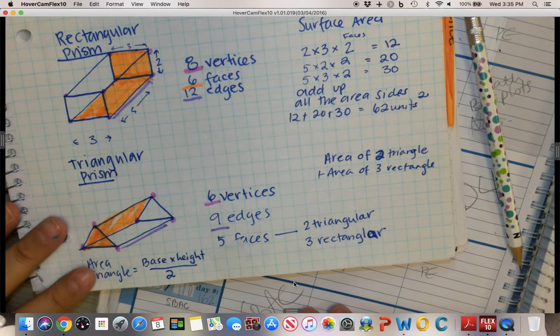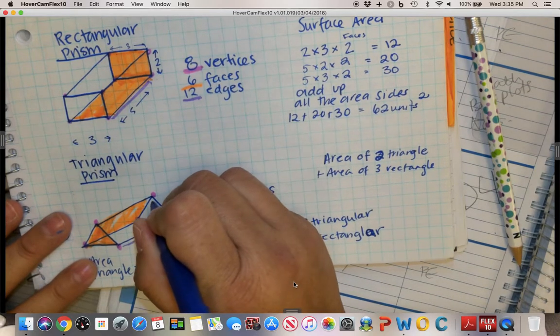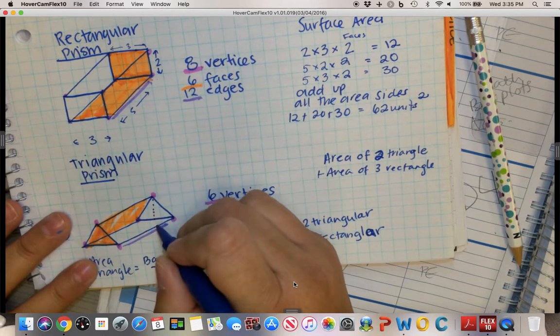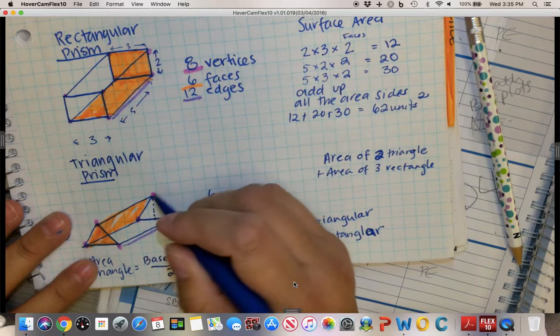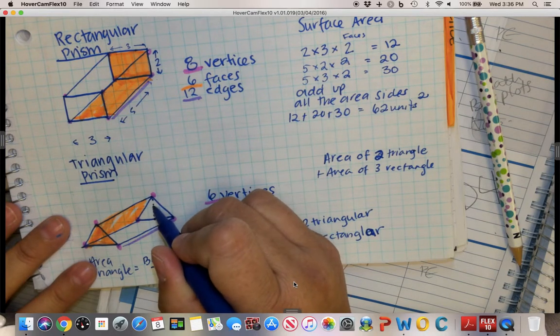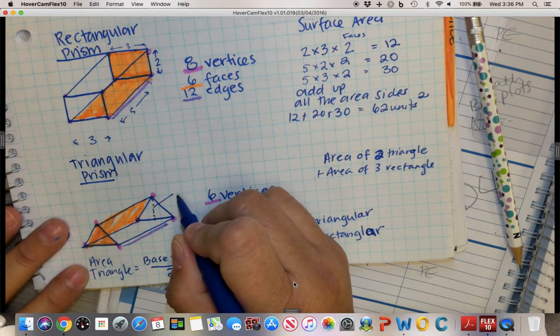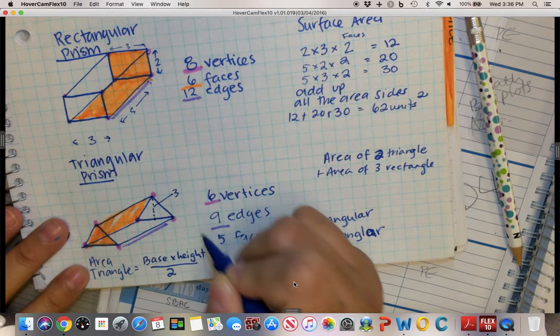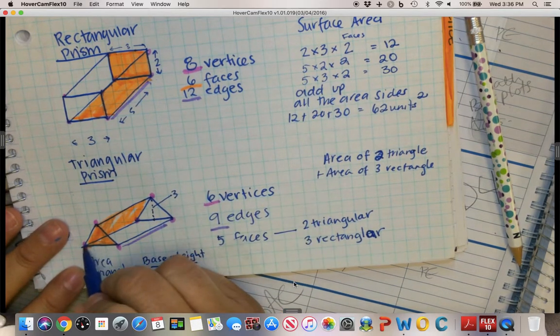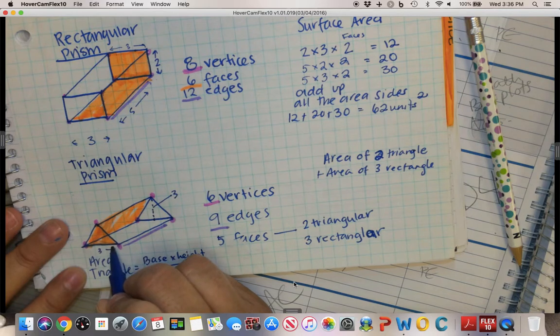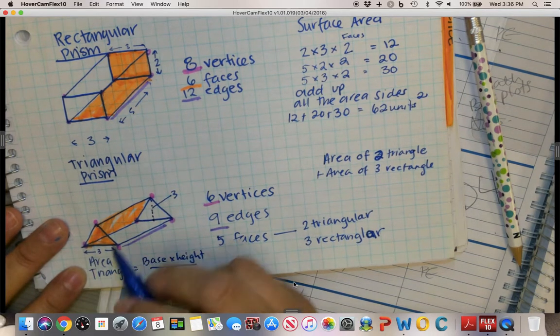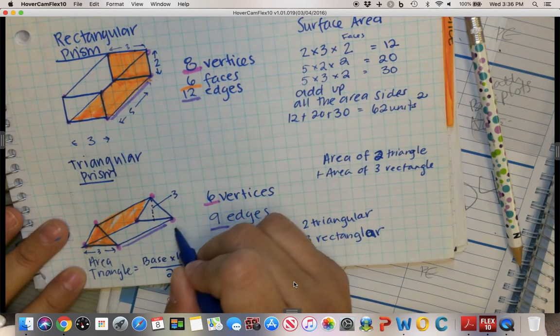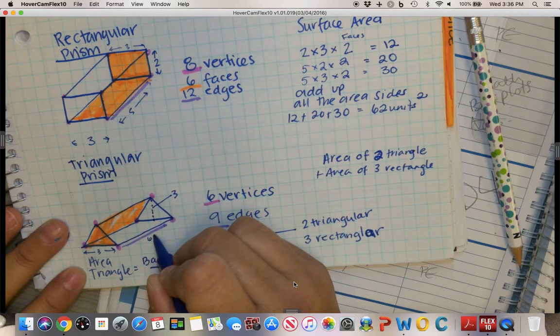So if I tell you that the height, here's my height, this little piece right here, is 3, and that my base here is 3, and that my side here is 6.